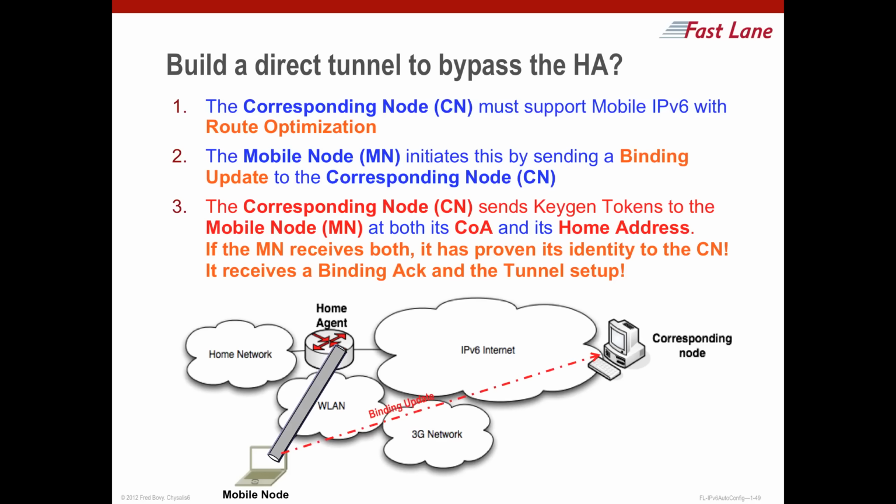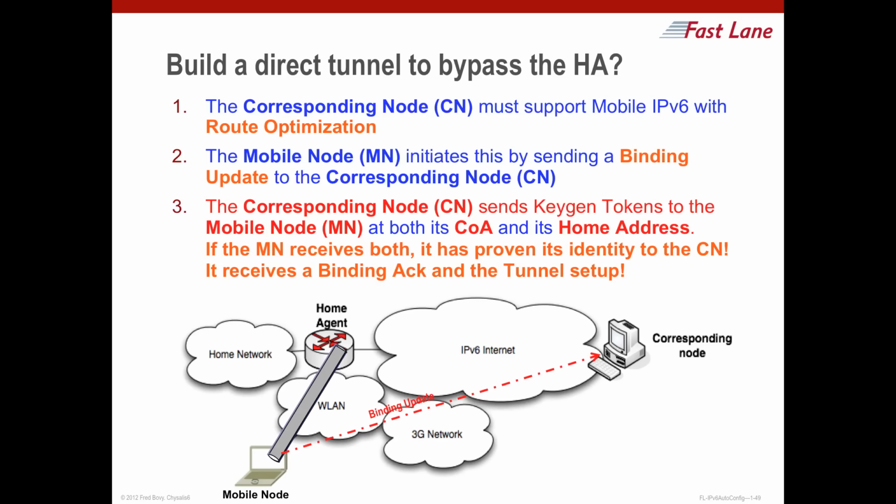Now, in IPv6, we can do something we could not do in IPv4. It is to build a direct tunnel between the mobile node and the corresponding nodes. So if this is enabled, the mobile node is sending a binding update to the corresponding node directly. And then the corresponding node is going to verify that the mobile node is really the mobile node and not somebody else.